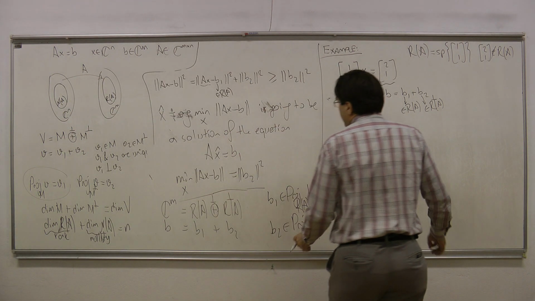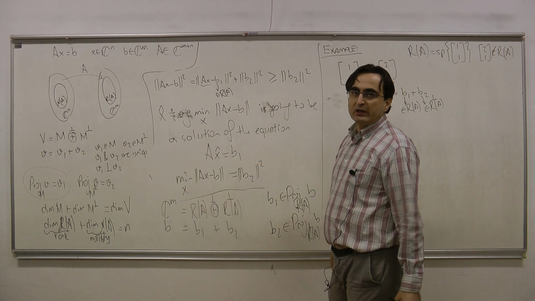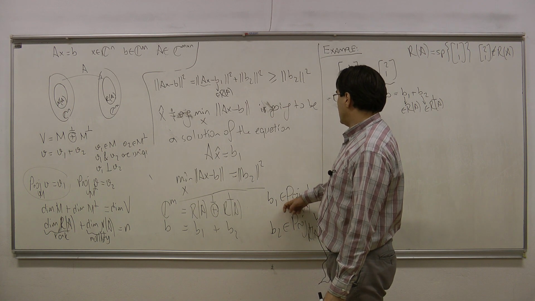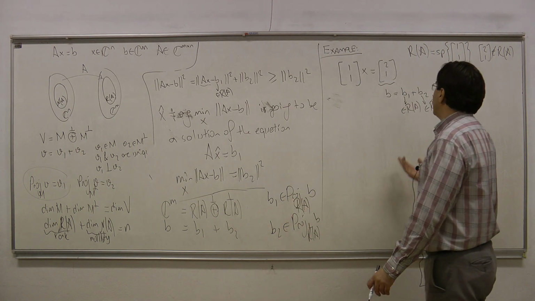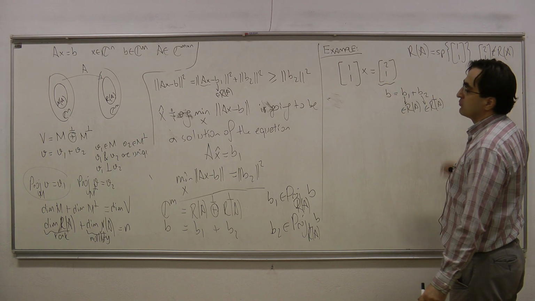That means that in order to find B1, I can use the projection theorem. How can I project this B onto the range space of A?